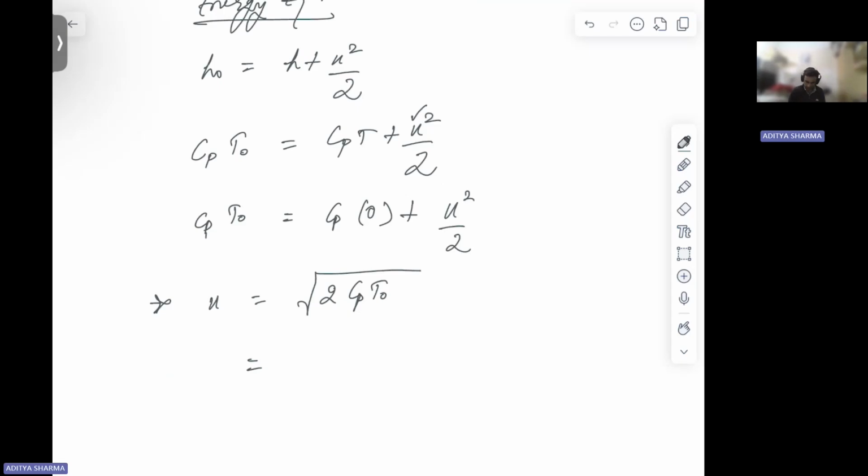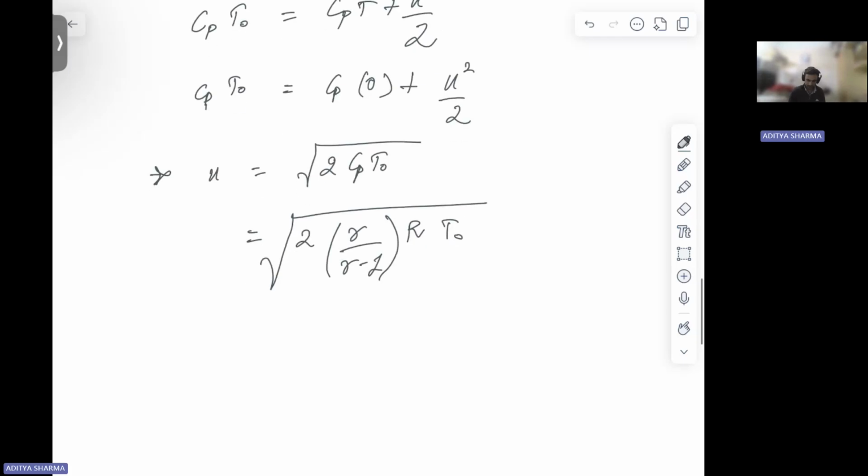CP we can write as gamma by gamma minus 1 R, and T naught will remain as it is.